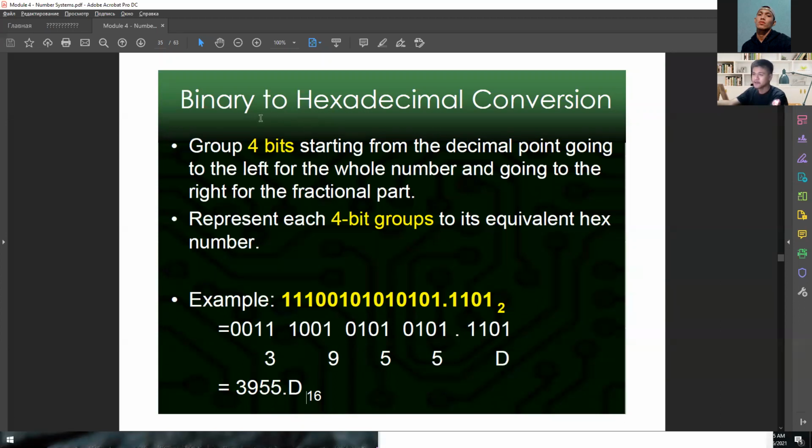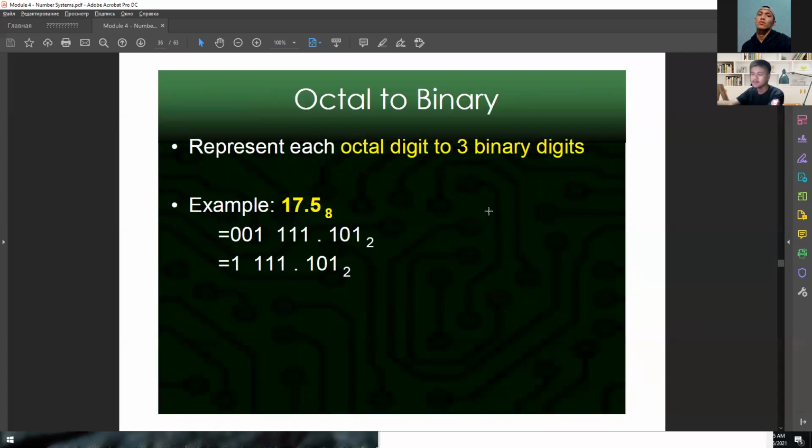Again, from binary to hexadecimal, you must not forget the unit. This is an indicator that you have already converted this binary into hexadecimal. All right. So we also have here octal to binary. This one represents each octal digit as 3 binary digits.